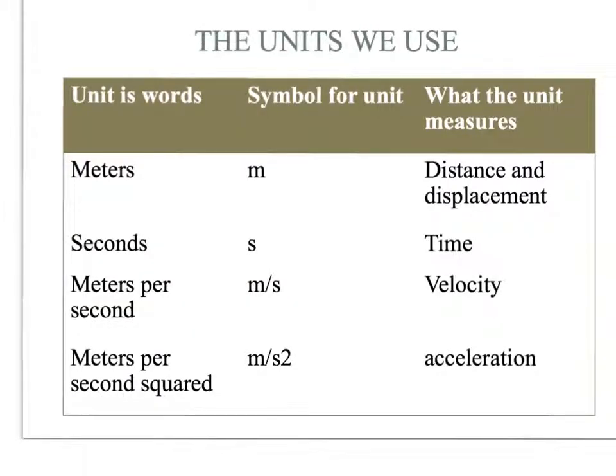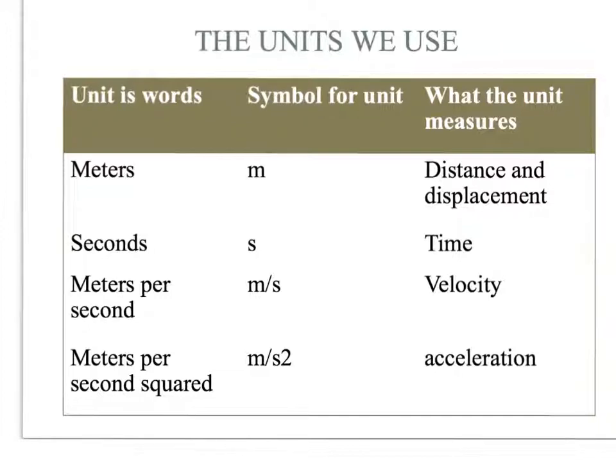Another set of information that you must memorize is the units. The difference between a symbol and a unit is that the symbol is what we put into the equation. It's the variable that represents each property. The units are the letters that go after the number.